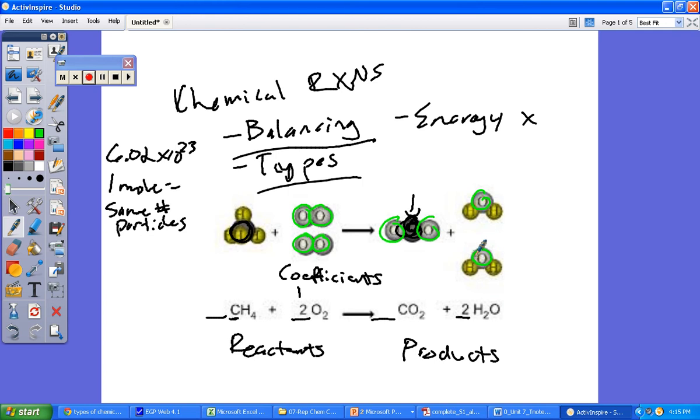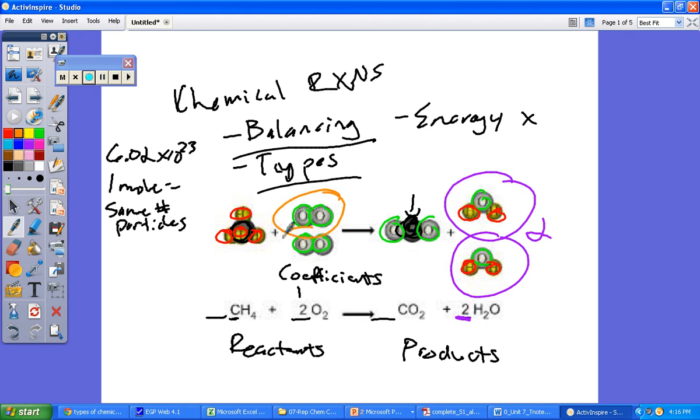And then we also had to have 4 hydrogen atoms to balance the 4 that were over here. And so in order to balance these things, we needed to have 2 oxygen molecules. And so we put a 2 out in front of that. In order to balance the oxygens, we had 2 of those, and so we put a 2 as a coefficient there to balance this equation.